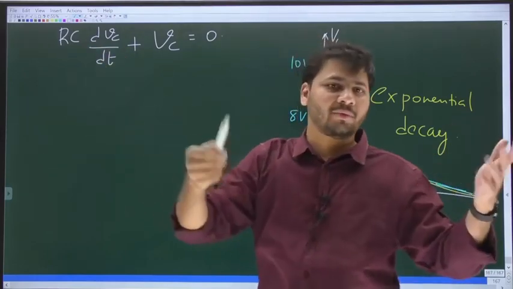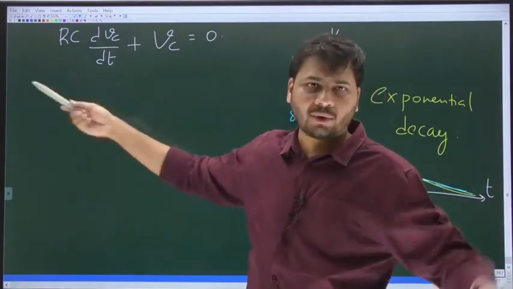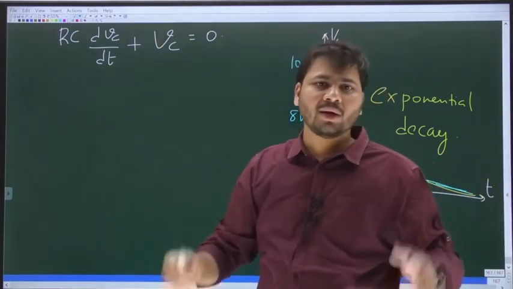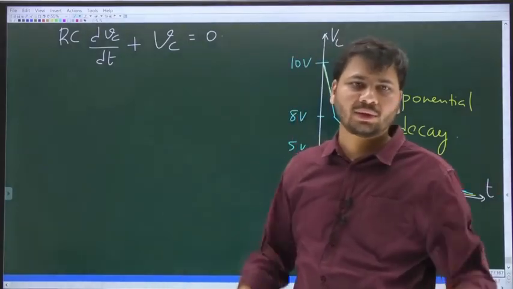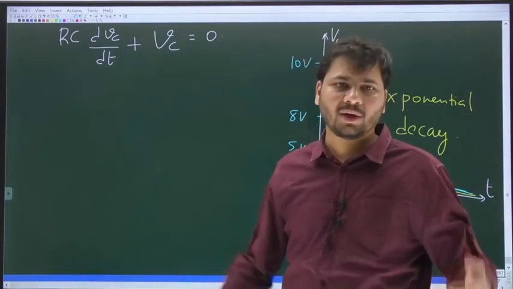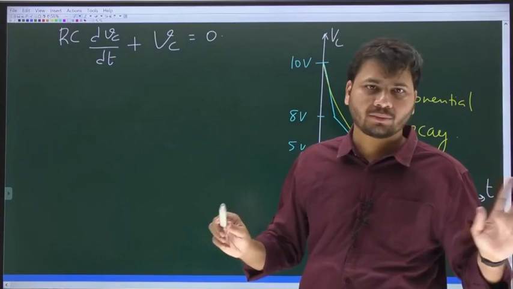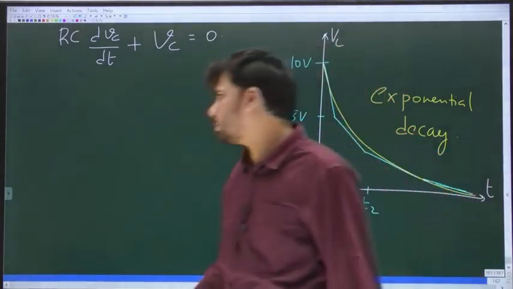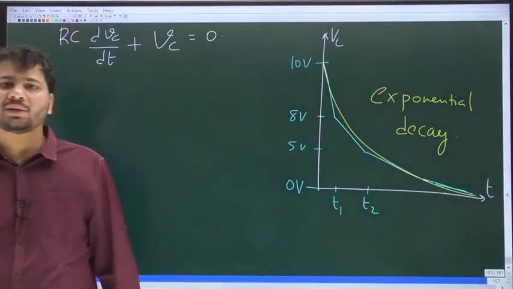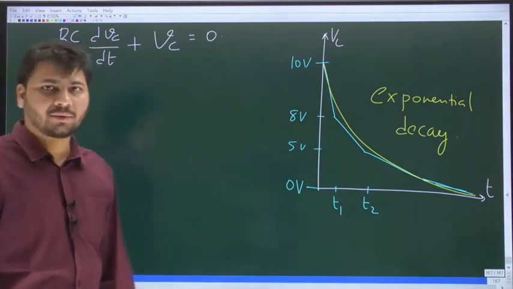Only dVc is left, which is change in voltage, which is also voltage. Vc is also voltage. You can add or subtract two voltages. So by looking at the equation, we can come to a conclusion that RC should be some kind of time. And you already know that RC is called the time constant of the circuit.